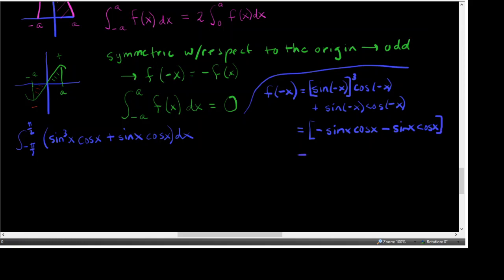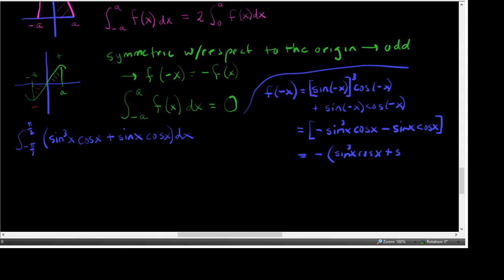Then you might notice that there's a common negative, and that's intentional that I'm only pulling that out. So I'm going to factor that out. Oops, I'm sorry, I dropped the cubing on that sine.